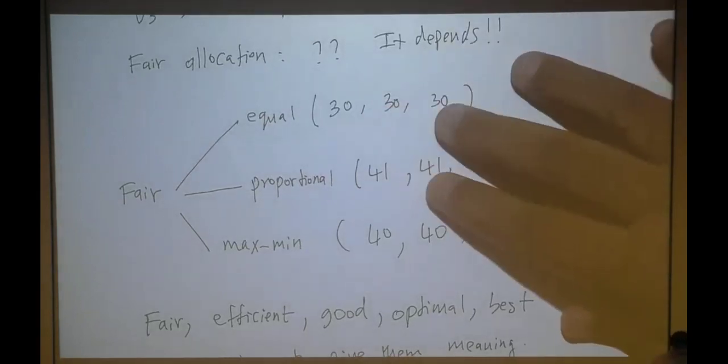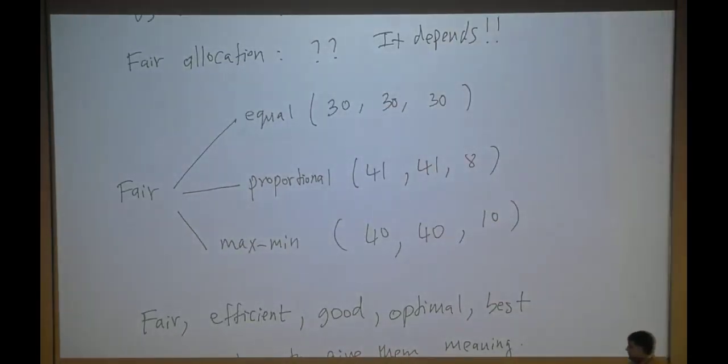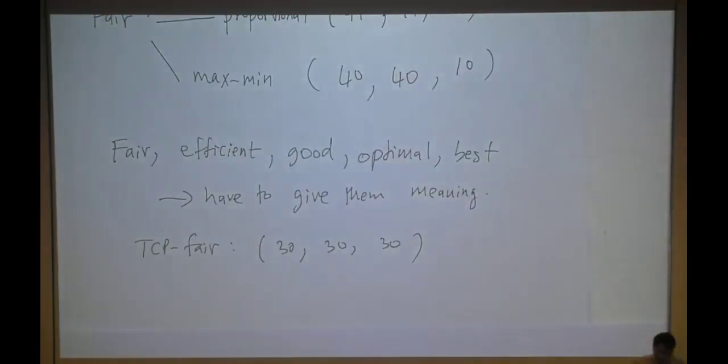It turns out that what we discussed before is that fair, efficient, good, optimal, best really don't have any meaning until you give them meaning. And you have to give them meaning by saying, what is my metric? If somebody comes along and says, I require that everybody gets equal, it doesn't matter if maximum is better from another metric.